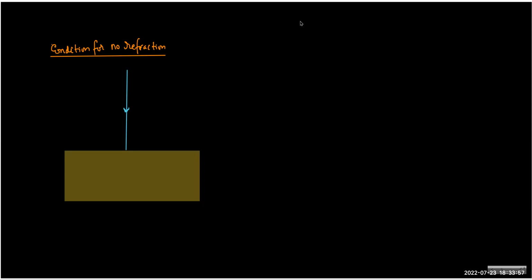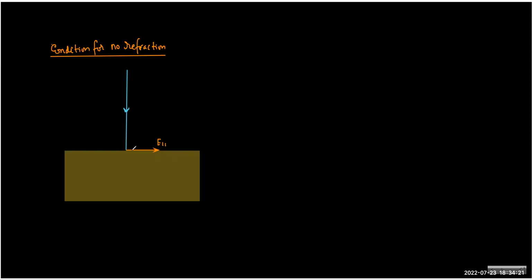Let's say I'm talking about polarized light, just for your idea: the electric field is always going to be perpendicular to this direction, so for the boundary it is parallel.